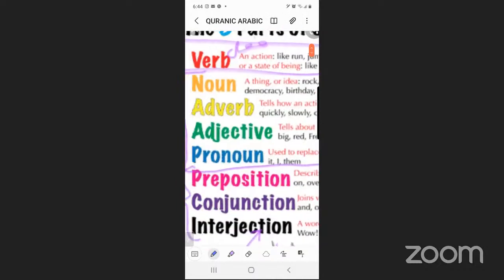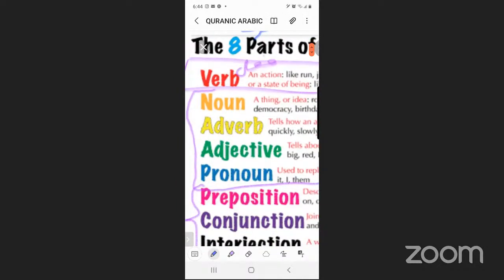So what we did, we've done the nouns, pronouns, adjectives, adverbs or verbs. Okay, I'm going to write over here so you know that adjectives are na't, adverbs are zarf.